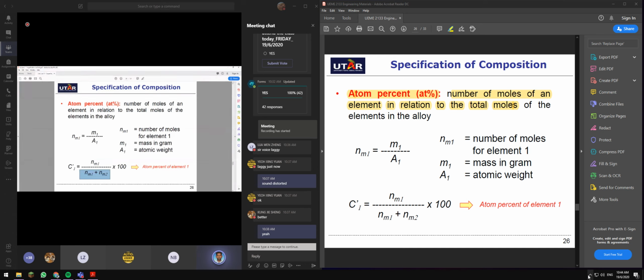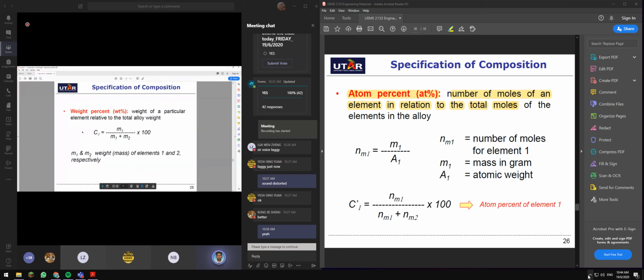If you want to go for element 2, Nm2 divided by Nm1 plus Nm2. Same goes for weight percentage. If you want to find the weight percentage of element 2, you can use M2. Okay, please memorize these.